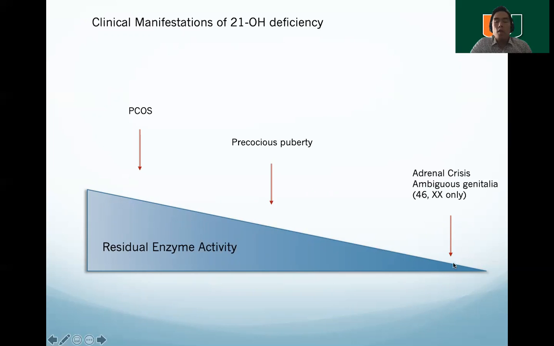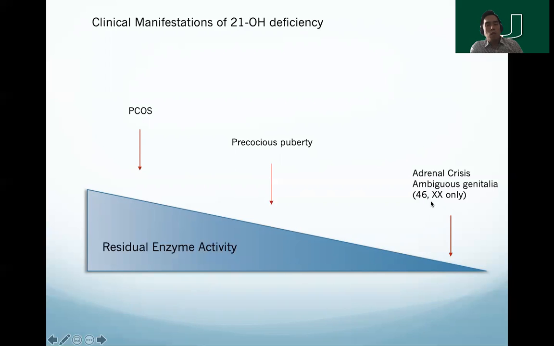In a very severe form, with very, very little enzyme activity, you have an adrenal crisis early on in the newborn period. Or because of the accumulation of androgen, you have ambiguous genitalia. However, it only occurs in 46,XX only.